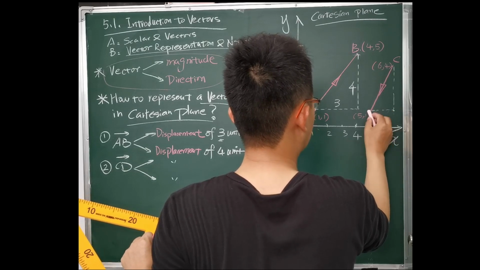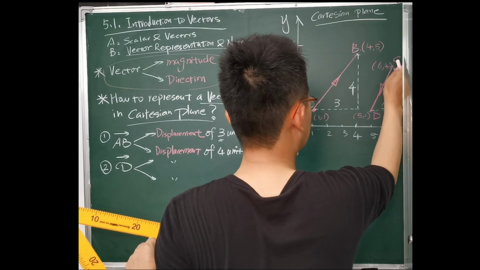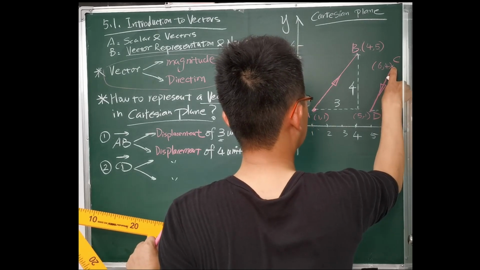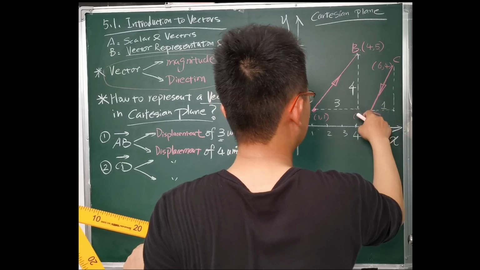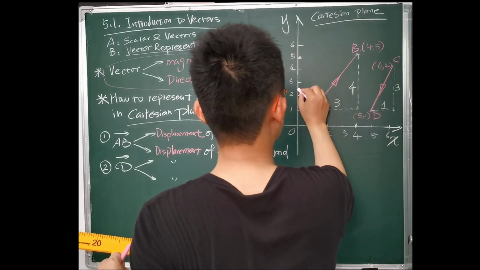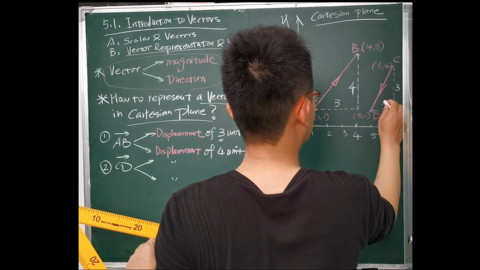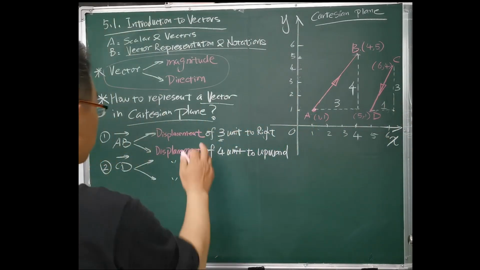Then moving this direction 1 unit. And for this direction, how much is this magnitude? This magnitude is 4 minus 1, so it's 3, right? If you look at here, 1, 2, 3. And here the magnitude is 1, right? Displacement.